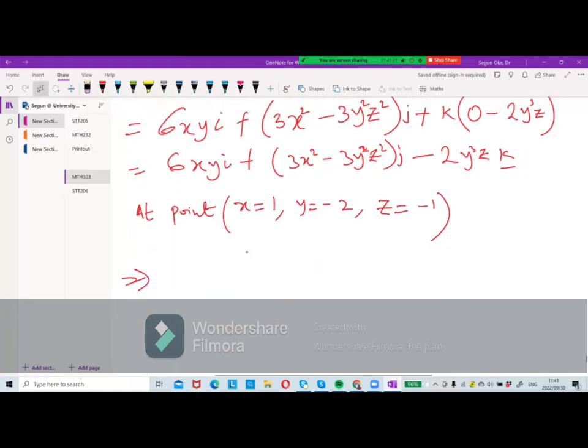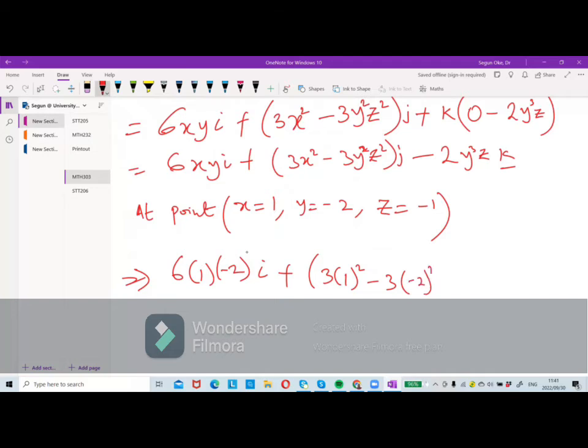That's 6 into bracket 1 times minus 2 i, then 3 into bracket 1 squared minus 3 into bracket minus 2 squared, minus 1 squared.